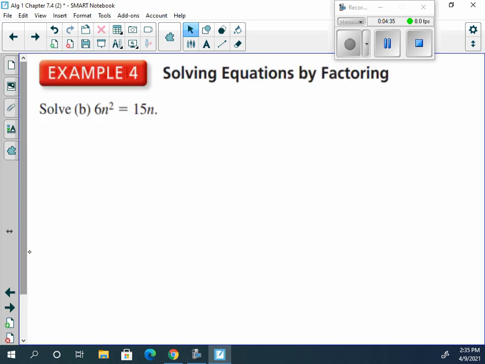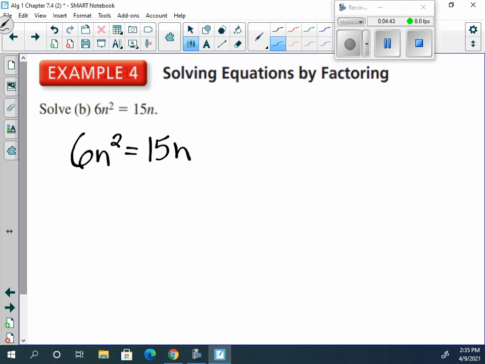Okay, let's look at this one here. 6n squared equals 15n. Now on all of these that we've been doing, we've been solving them when they equaled what? 0.